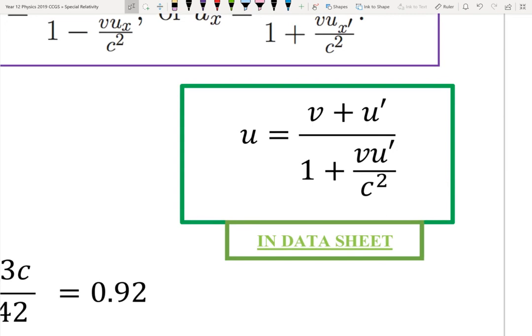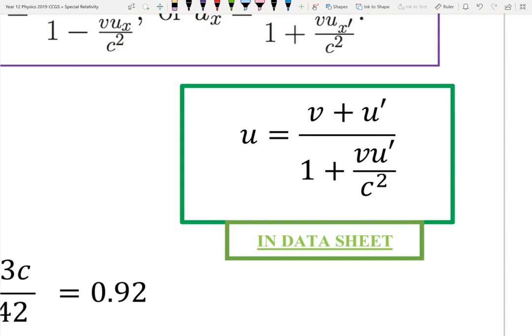Now, what you will first notice is that the numerator is the classical addition of v plus u prime. So the speed of the spaceship, add the speed of the missile relative to the spaceship, you combine them together. But underneath, it looks similar to the Lorentz factor.